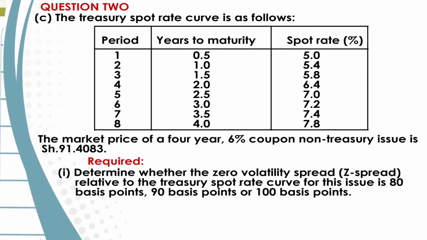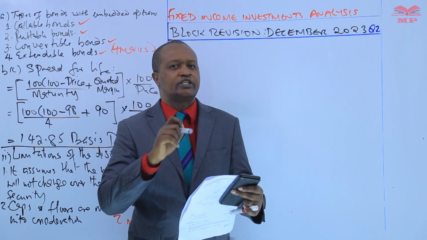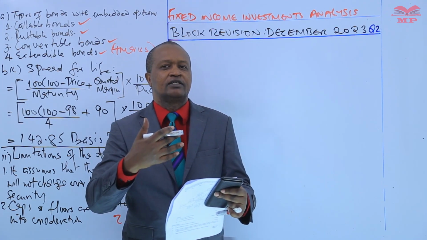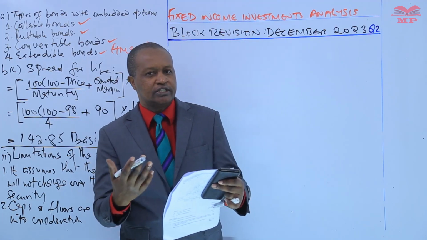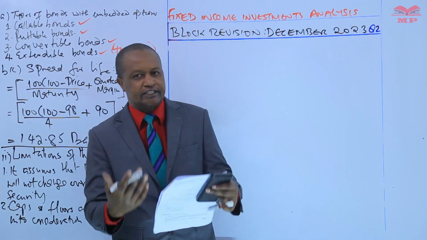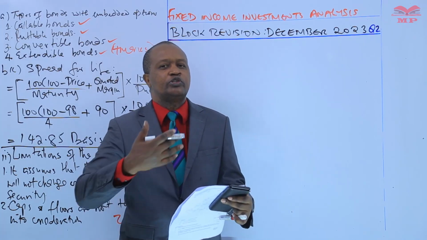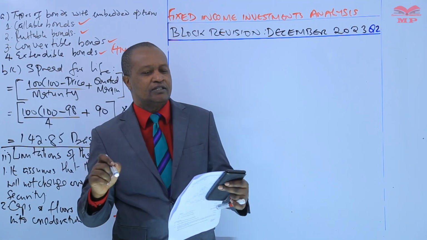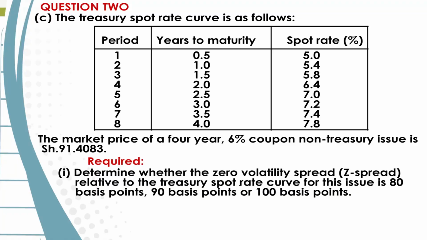Now, candidates, the Z spread relative to the treasury spot rate curve is the spread that when added to all the treasury spot rates will produce a present value that is equal to the market price, which in this case is the 91 shillings 40.83.